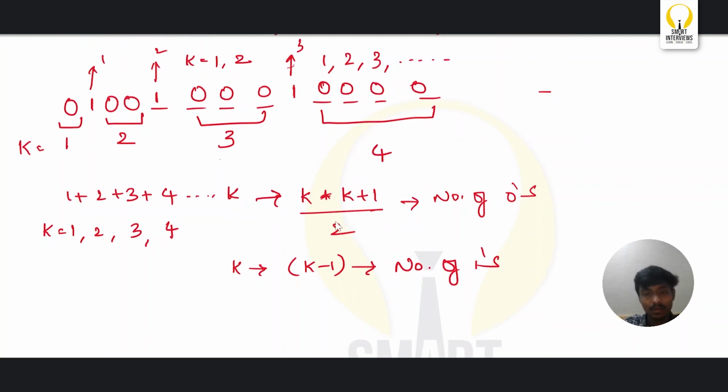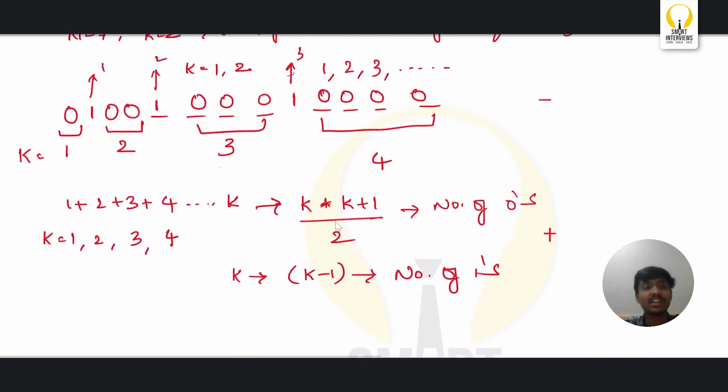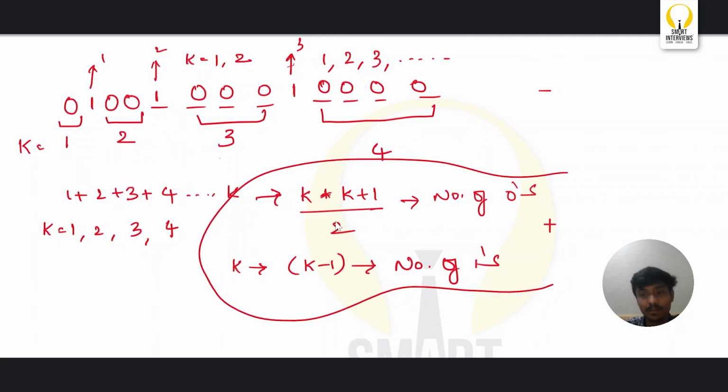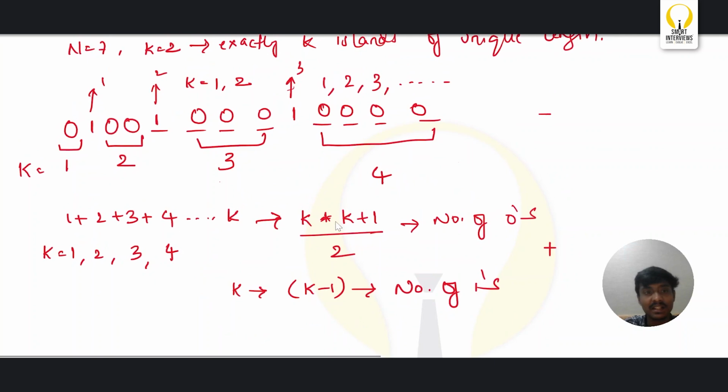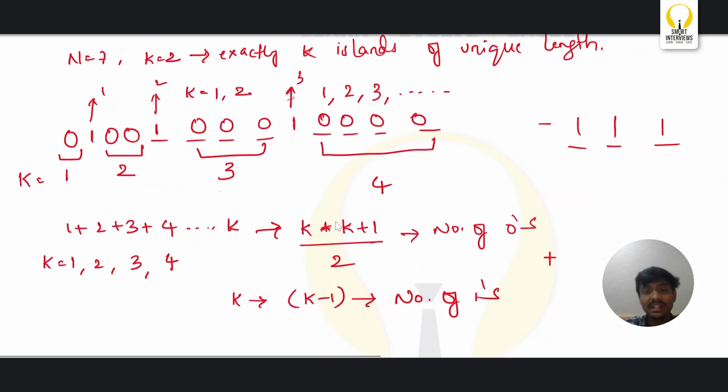And now when I add them, what should be the condition? Here we are ensuring that islands are of unique length, and we are making sure that islands are bounded by k minus 1 ones. And when I add all of the positions occupied by them, what should be the criteria? They should be satisfying the length n, or they can be less than n as well, right? We have seen for this test case, if you have any leftover spaces, you are going to simply place ones there because you want exactly k islands only.